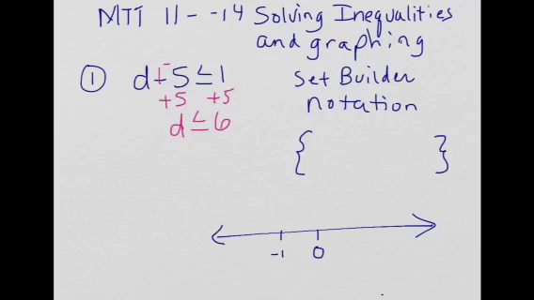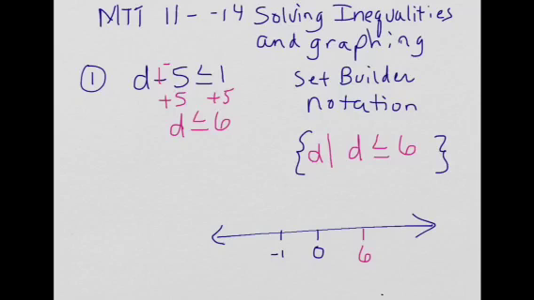For our answer, we have to put it into set builder notation. So we're going to write D, and that is all the values of D such that D is less than or equal to 6. And now we're going to go ahead and graph. So on our graph we have a 0 because we're going to be graphing a positive 6.